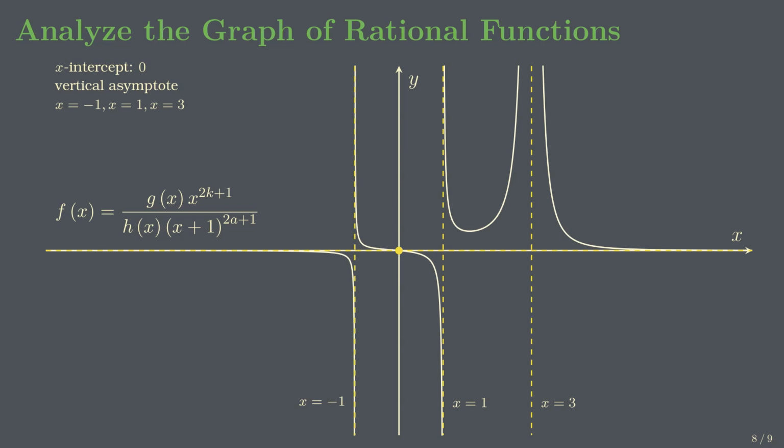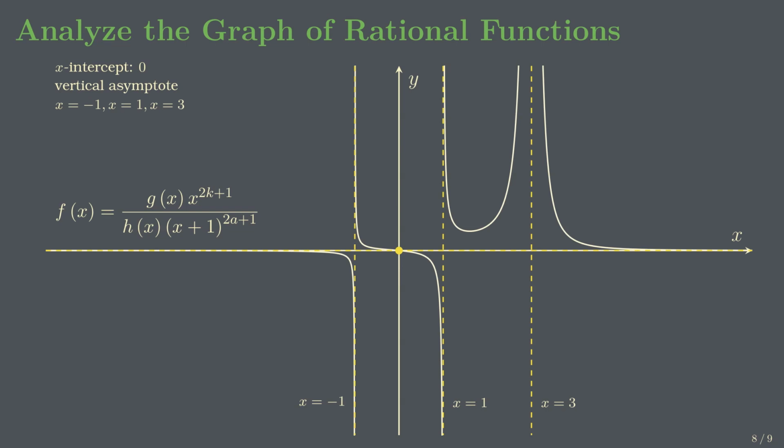It means that f(x) should have a factor of x plus 1 with odd multiplicity. Okay. The odd multiplicity actually determines the way the graph approaches the vertical asymptote.